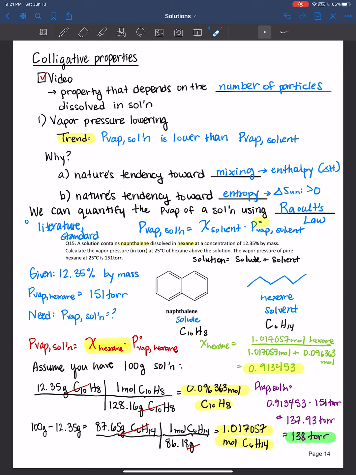The vapor pressure of the solvent is 151 torr, so your final answer for the solution should be lower than the vapor pressure of hexane. If you get an answer higher, then maybe you have an algebra error or a calculator error. Whenever you're working any problem, always ask yourself, does this make sense based on the theory that I understand and also structure-property relationships?